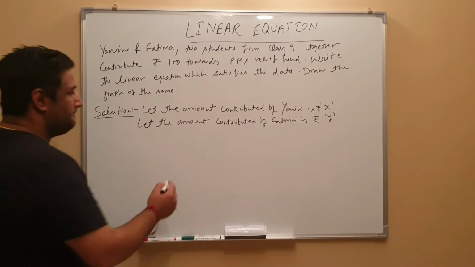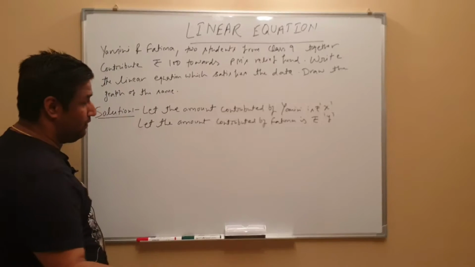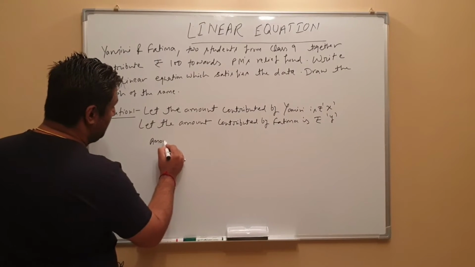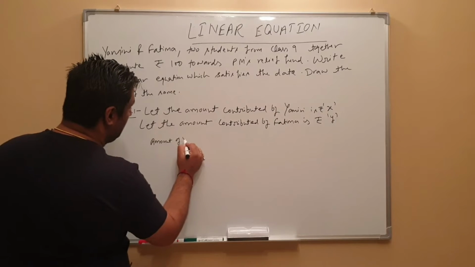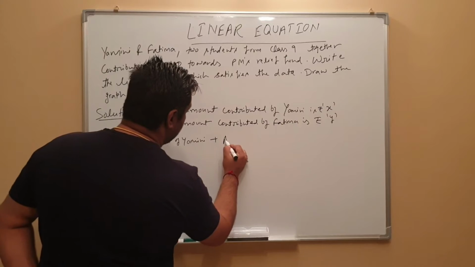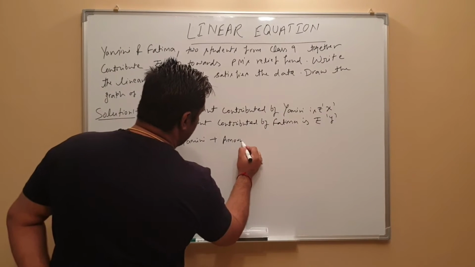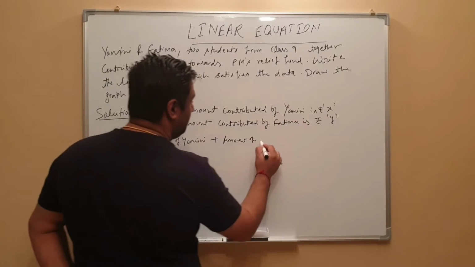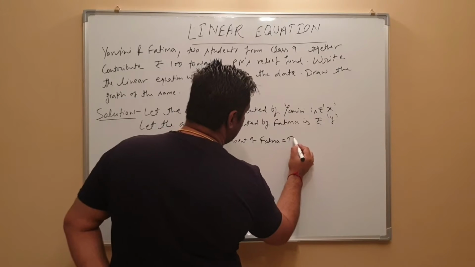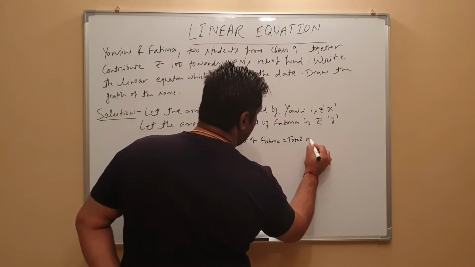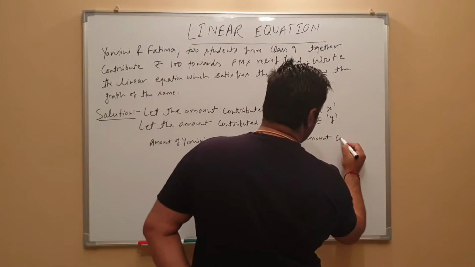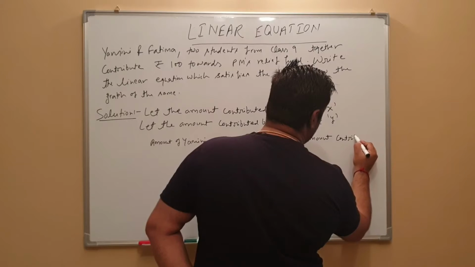So basically the equation will go like this: amount of Yamini plus amount of Fatima will be equals to total amount contributed.